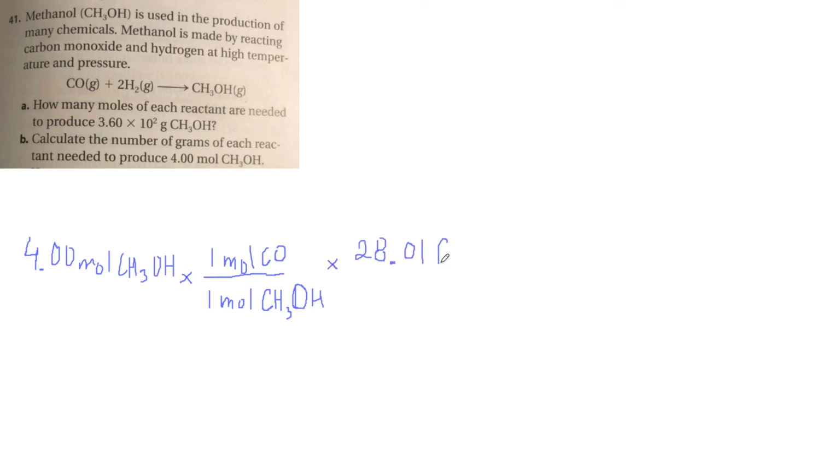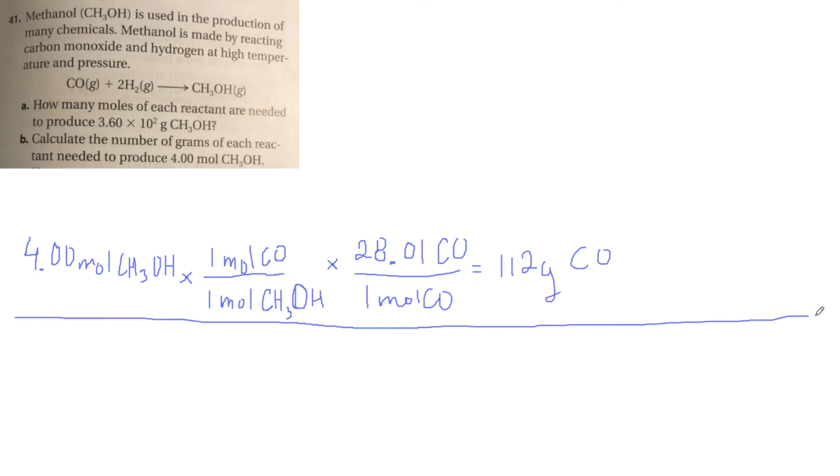Then we multiply that over the molar mass of CO, which is 28.01 grams over 1 mole of CO. And when you multiply that, you get 112 grams of CO.